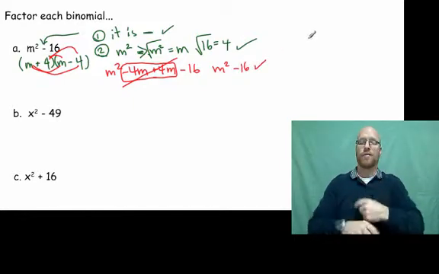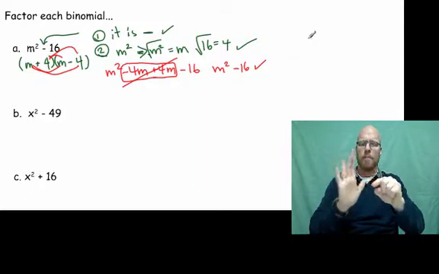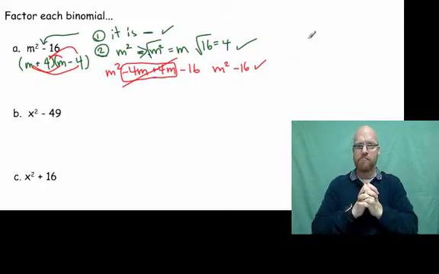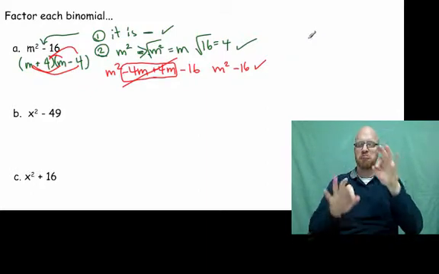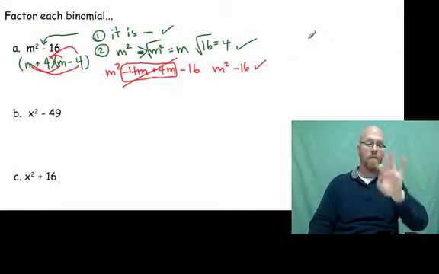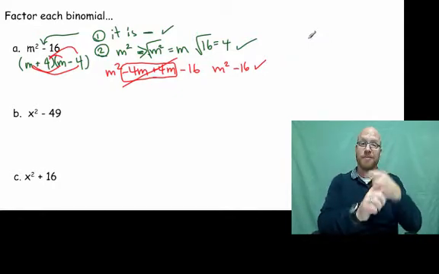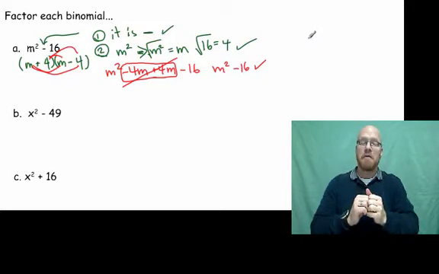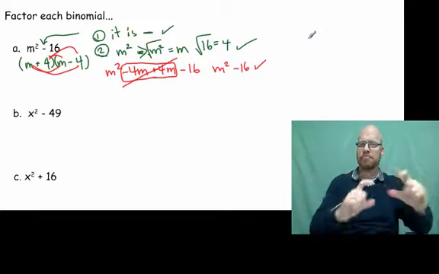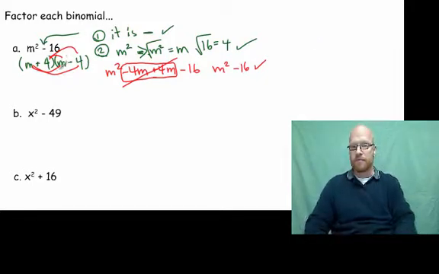Okay, I was correct. Now the second example, we have x squared minus 49. Well, x squared, of course, is a perfect square. It would be x is the square root of it. And then 49 has a square root, and that's 7. So that means I can use my method here.